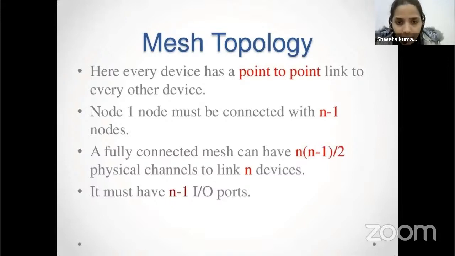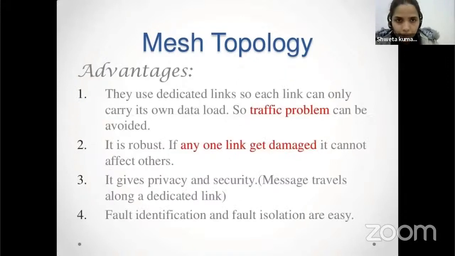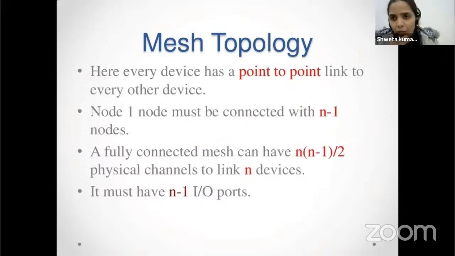A fully connected mesh can have n(n-1)/2 physical channels to link n devices. It must have n-1 input-output ports. This is the formula to calculate how many links are required to connect the devices in the mesh topology.